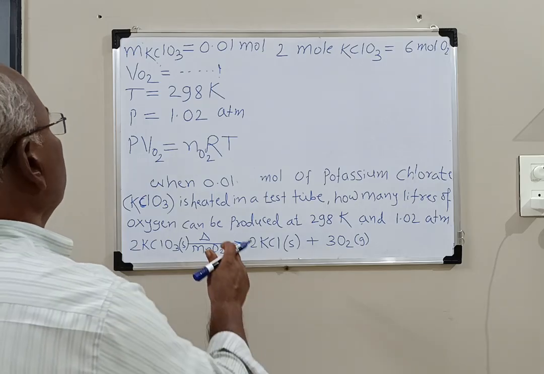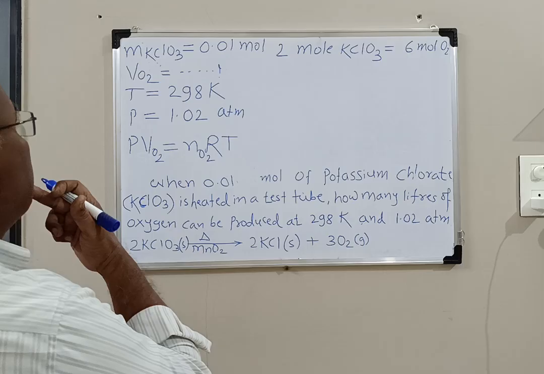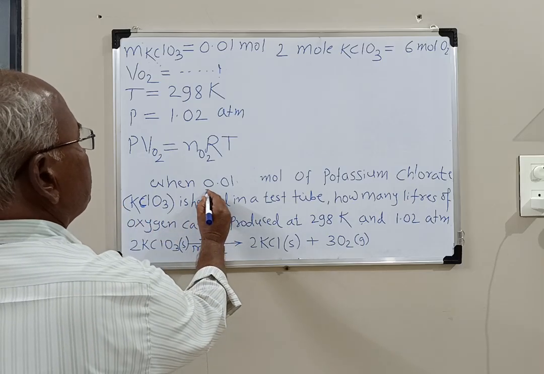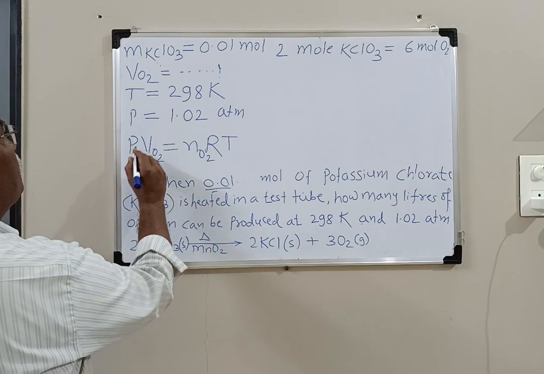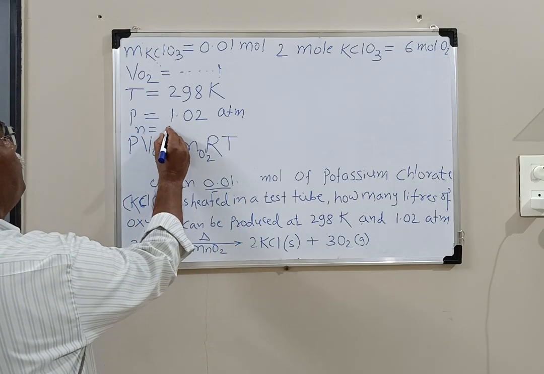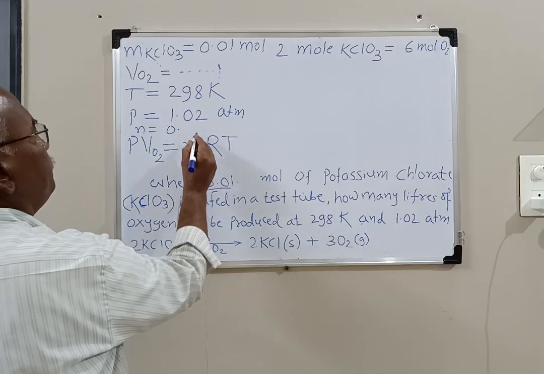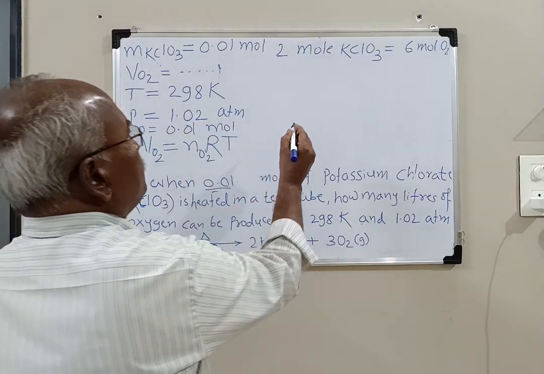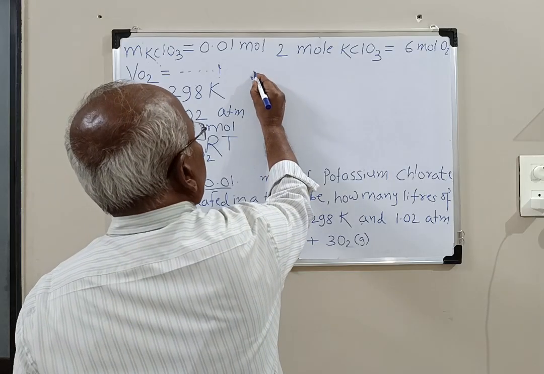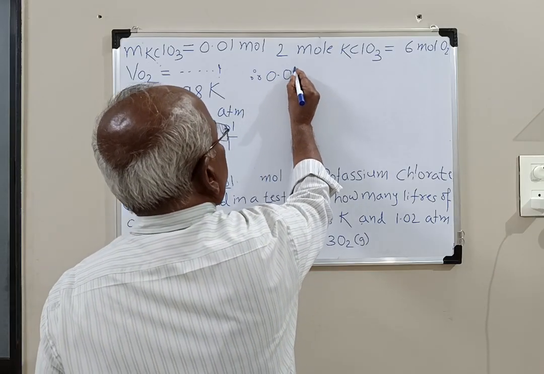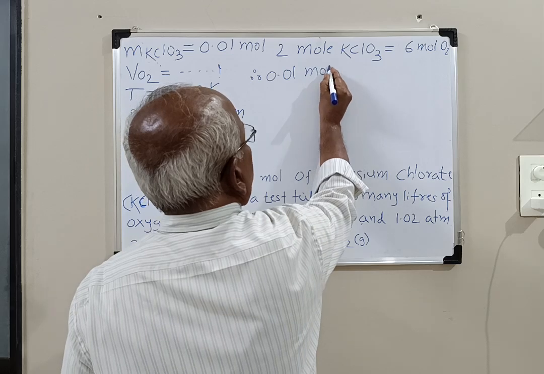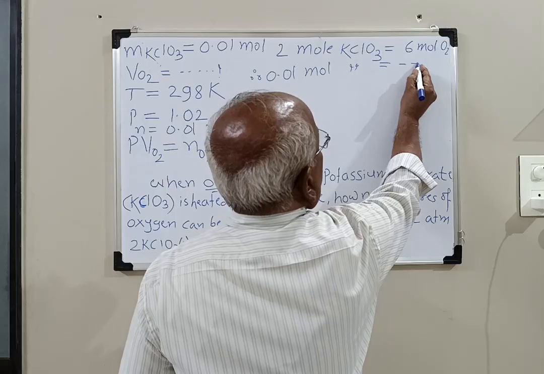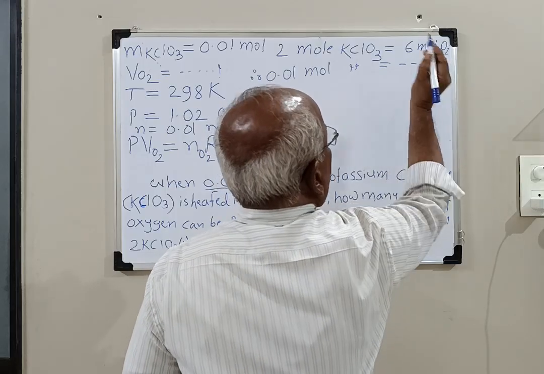Therefore, this value is also given. n is equal to 0.01 mole. Therefore, I write 0.01 mole KClO3 is equal to how many moles of O2.